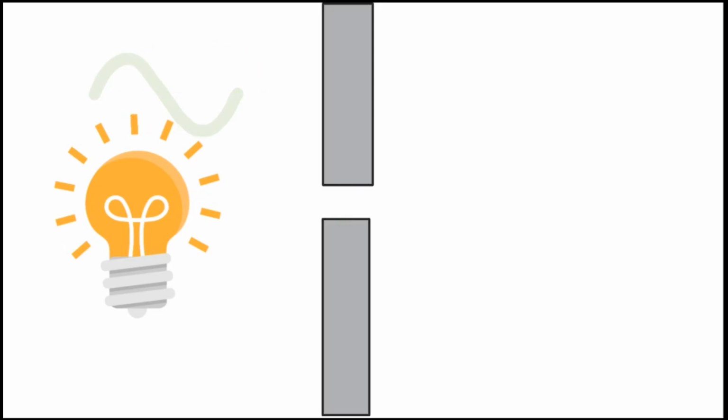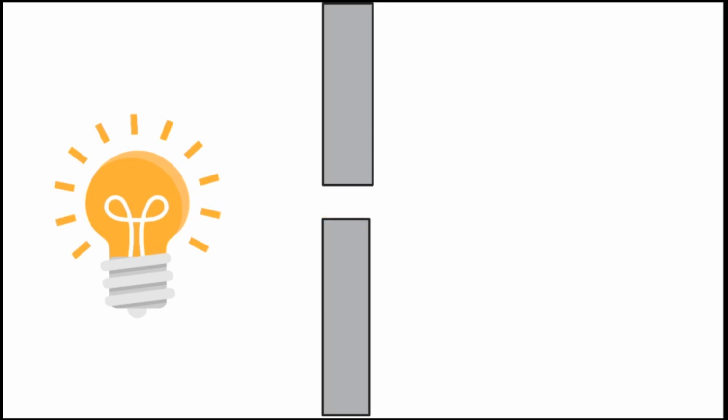So if this slit size is smaller than or equivalent to the wavelength of the light coming from this light source, what will happen is that the light will bend. You can understand it like this also.